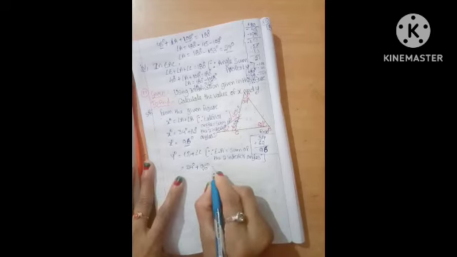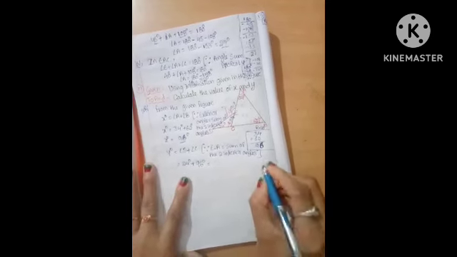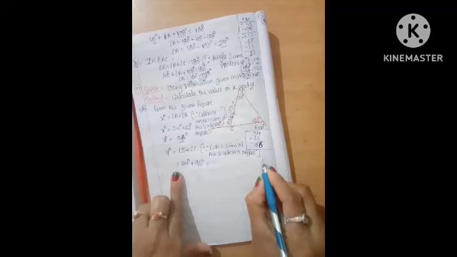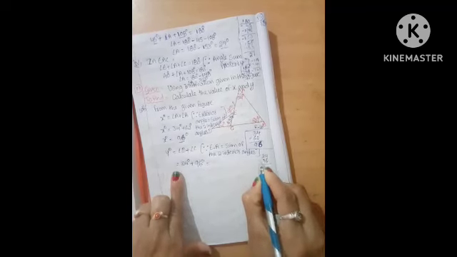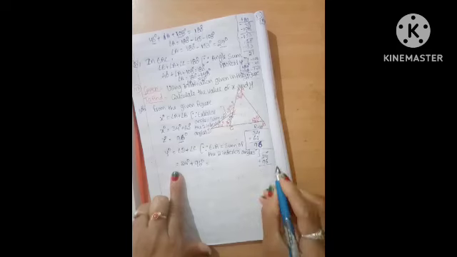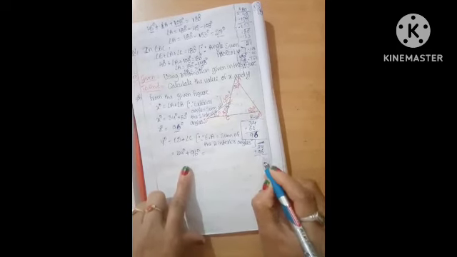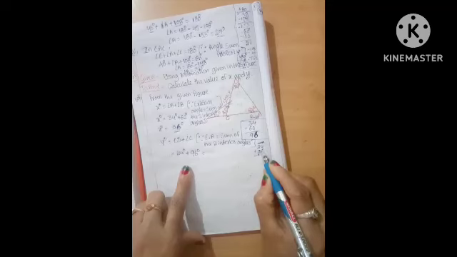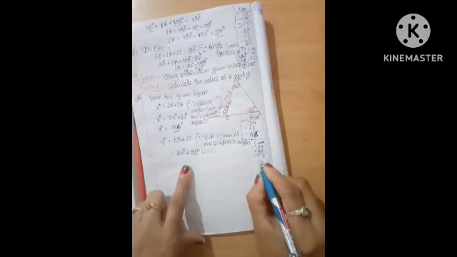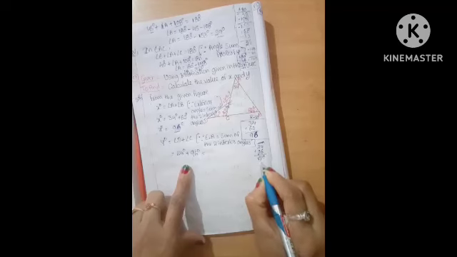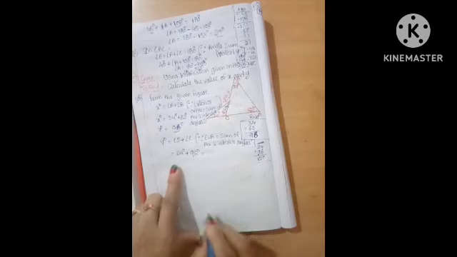Substituting these, 24 plus 96. 4 plus 6 is 10, 9 plus 1 is 10, 10 plus 2 gives 120 degrees.